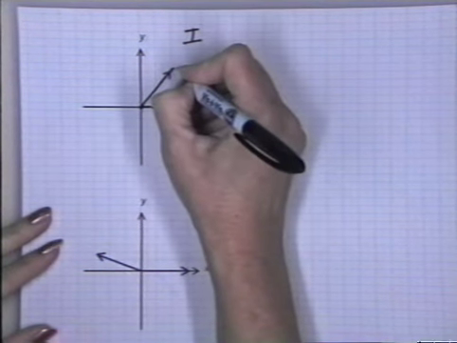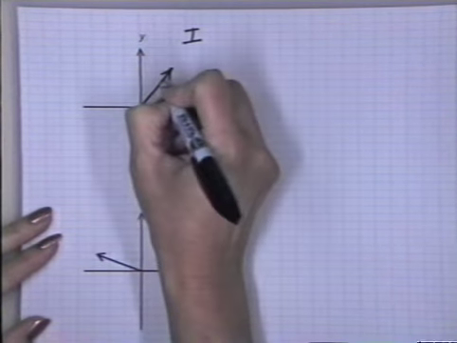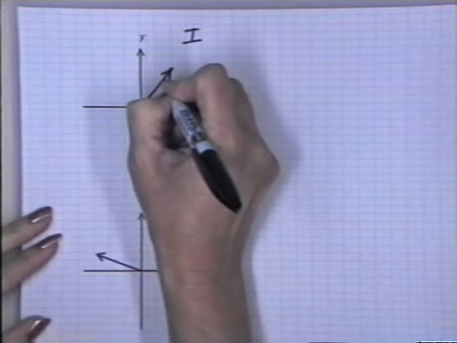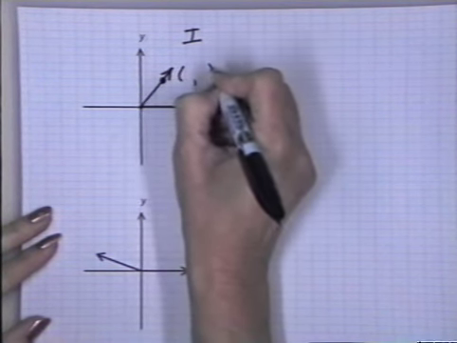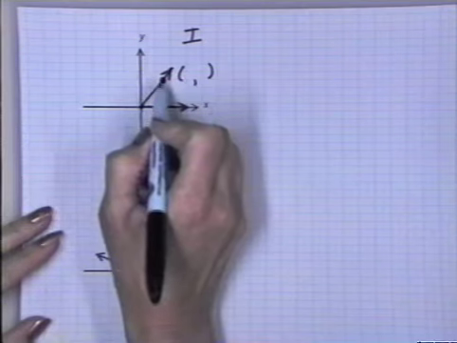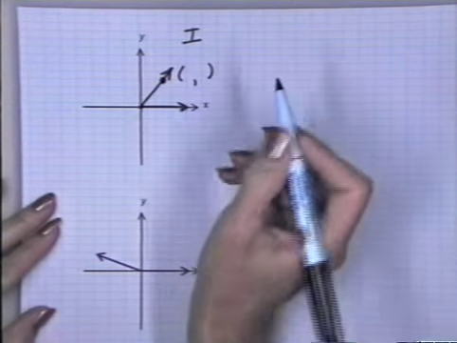Now this terminal side could be anywhere in the first quadrant, and what I need to do is to just pick any point on this terminal side other than the origin, and let's talk about the x and y coordinates for this point.